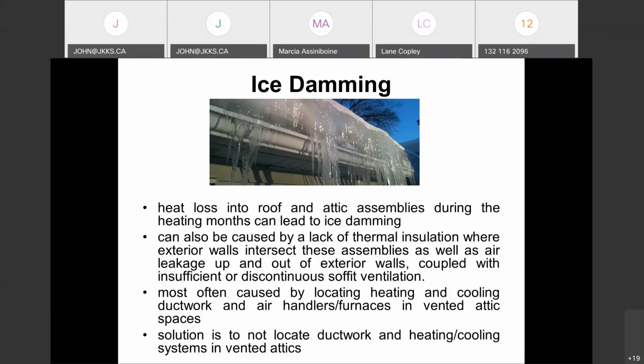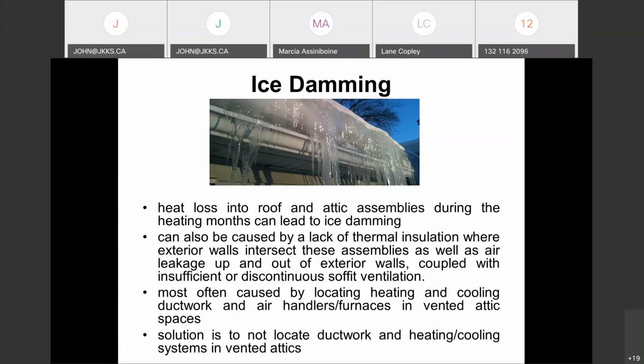Ice damming. Okay, what is an ice dam? Basically, ice dams can be prevented by a combination of proper attention to ventilation and insulation at the attic overhang space, that overhang at the outside wall. What we saw earlier in at least one of the photos, where they stuffed the insulation into the overhang, is not a good idea.